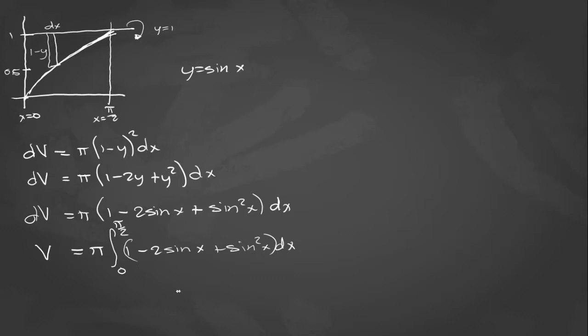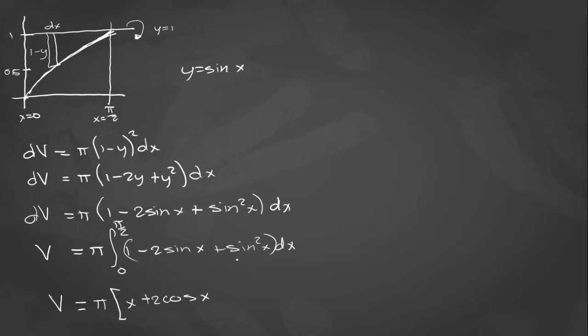Now, evaluating the integral, we have the volume is equal to pi times the integral of 1, which becomes x, and the integral of sine x is negative cosine x. Negative multiplied by negative gives positive 2 cosine x.